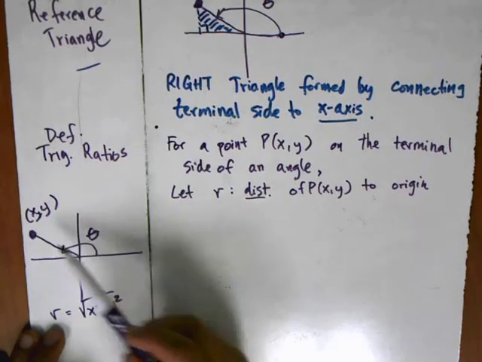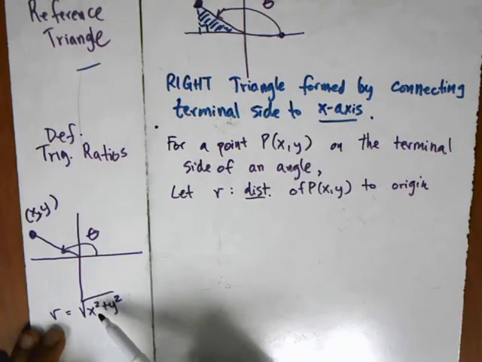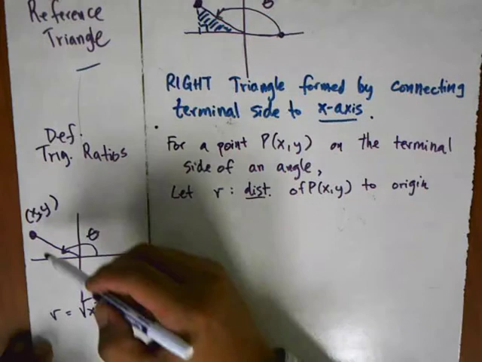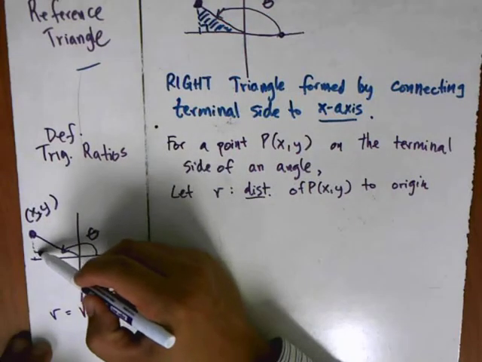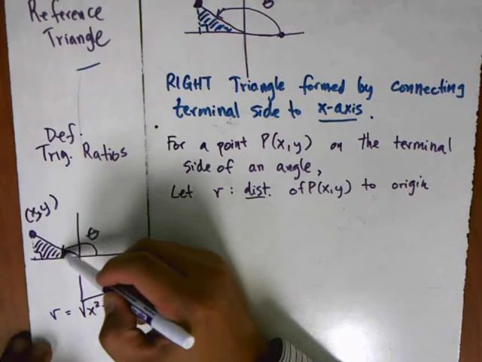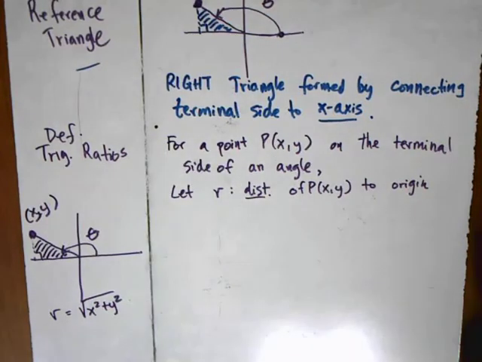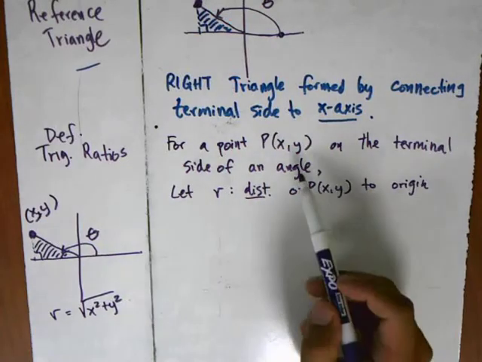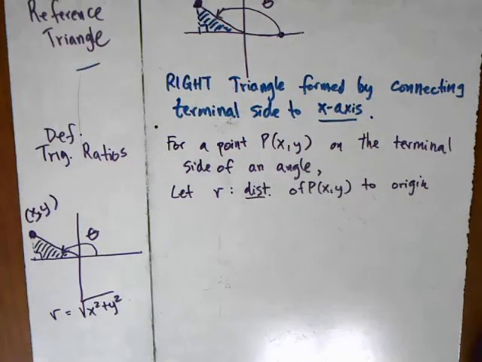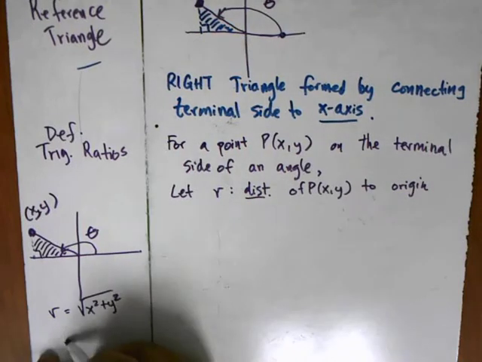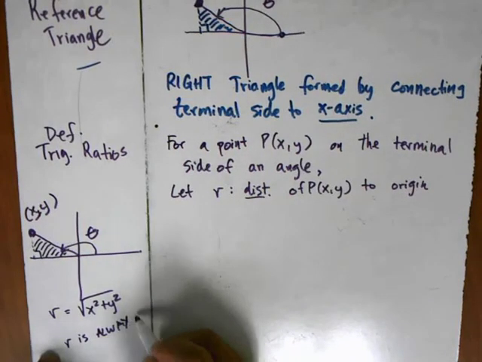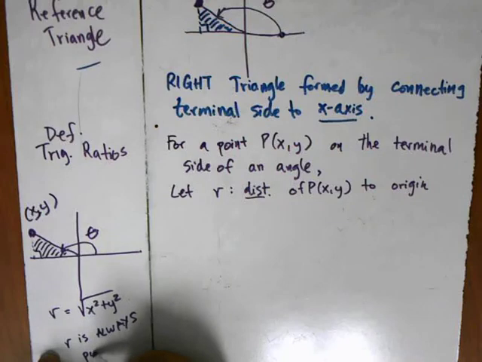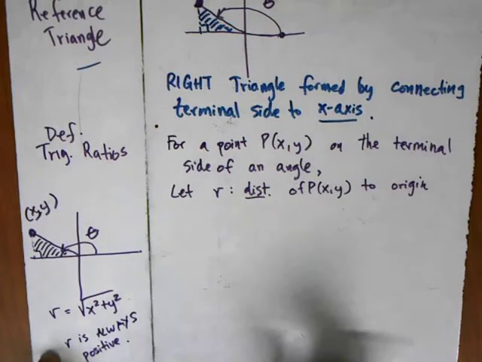The distance from this point to this point, we can do that using the distance formula or the Pythagorean theorem. We can extend this down here and we can make our reference triangle. So now we have defined a point P on the terminal side with the coordinates and with the distance to 0, and this means that r is always positive. R is always positive, okay, because it's a distance.